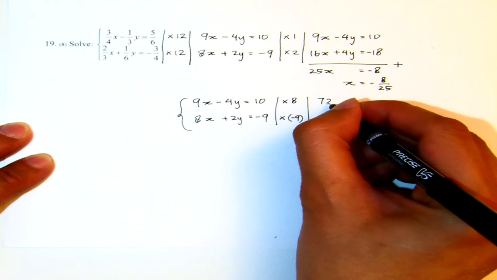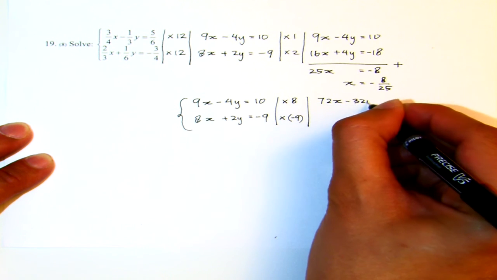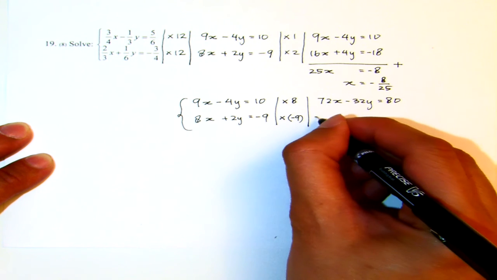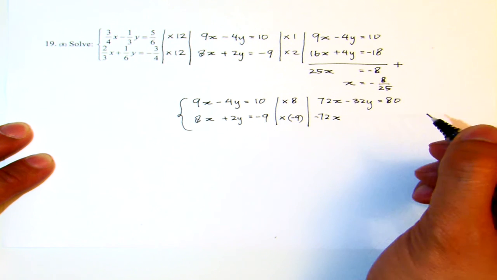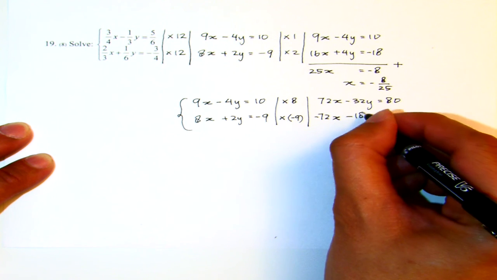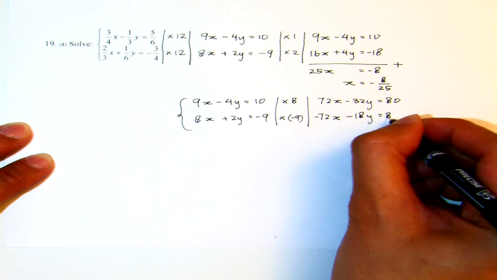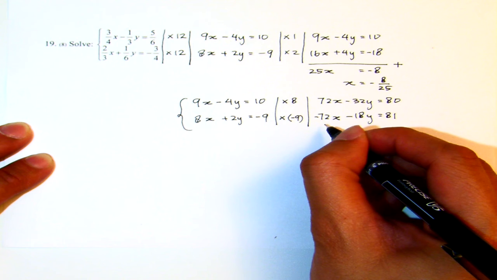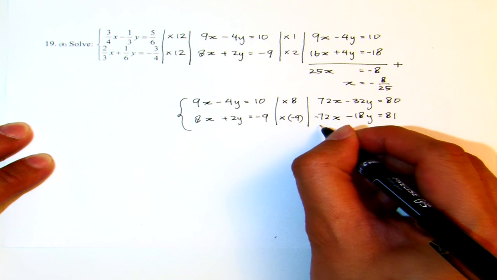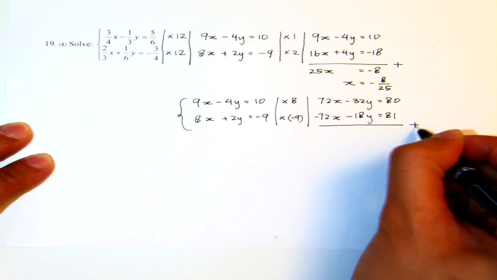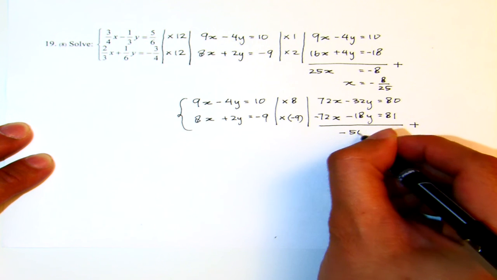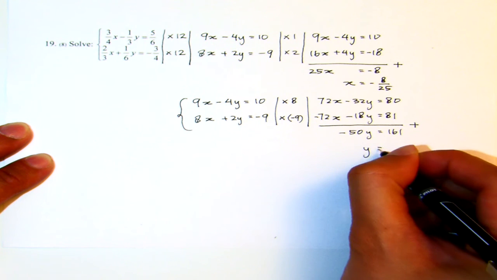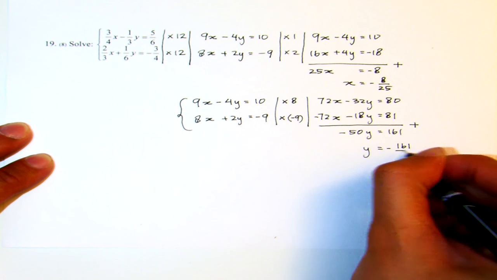That gives me 72x minus 32y equals 80, and negative 72x minus 18y equals positive 81, which, if I add, gives me negative 50y equals 161, y equals negative 161 over 50.